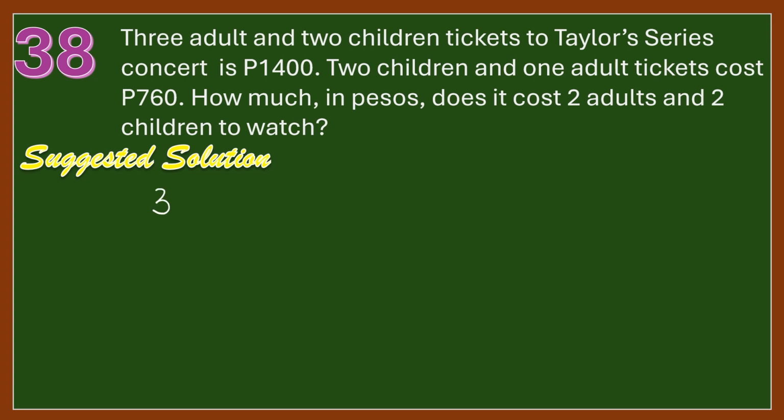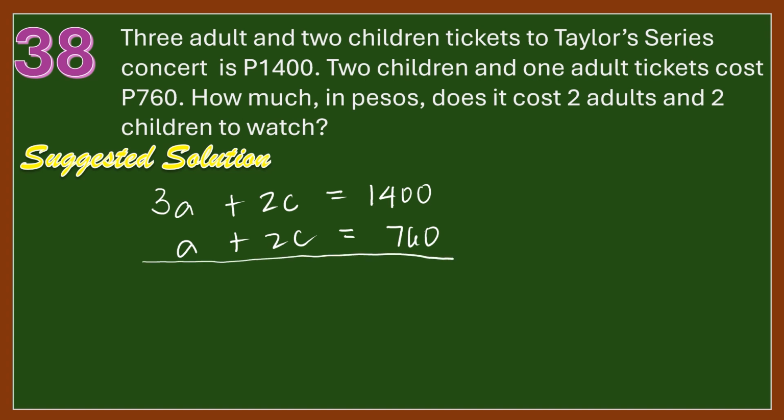Then we have 3 adult plus 2 children tickets, 3A plus 2C, equals 1,400 pesos. Also, 2 children and 1 adult tickets, that's A plus 2C, is 760 pesos. We're looking for the cost of 2 adults and 2 children tickets. Let us add these two equations term-wise.